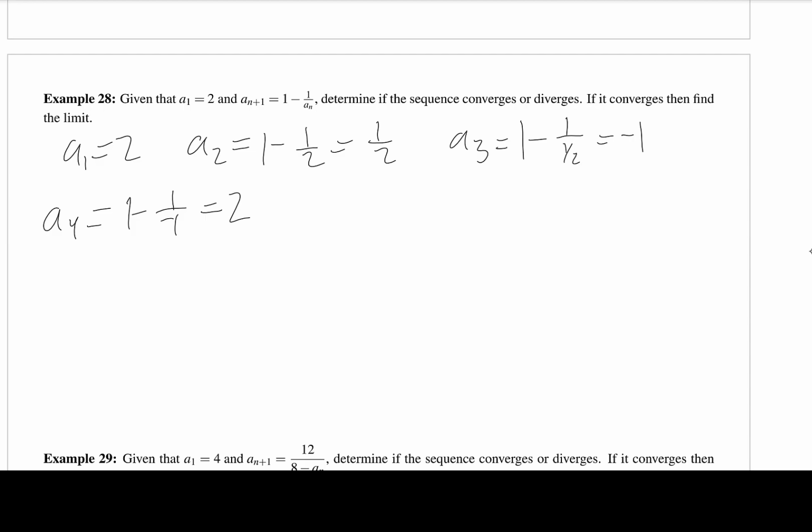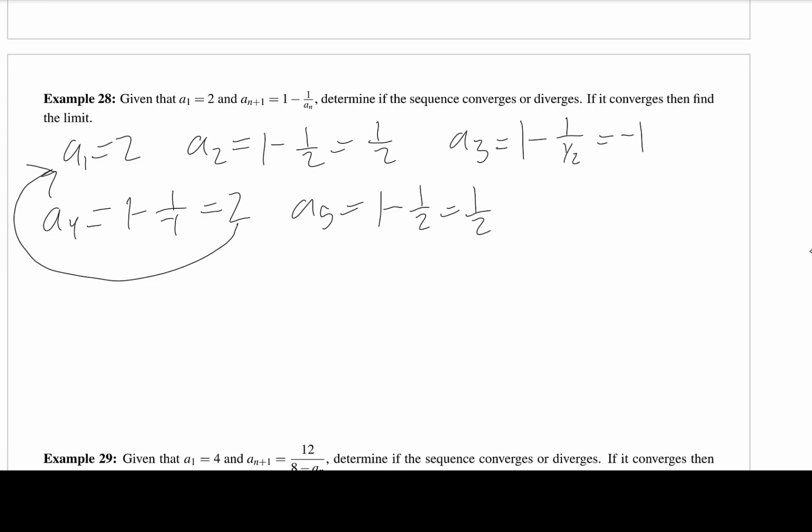And now I have a thought here, which is that we've wrapped back around to A1. But let's see. A5 would be 1 minus 1 over 2, which is 1/2. Notice that this is a recursive sequence, so every term is built on the previous term.